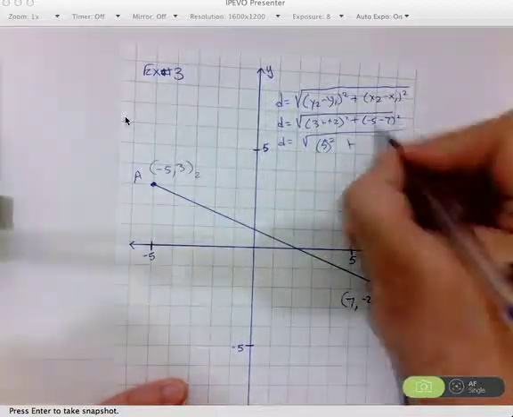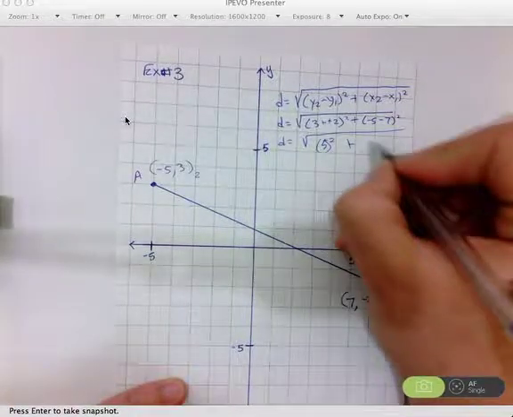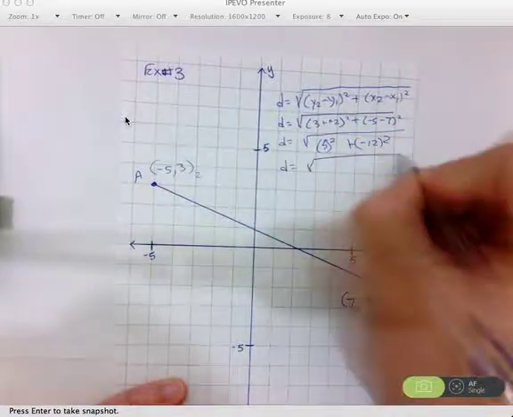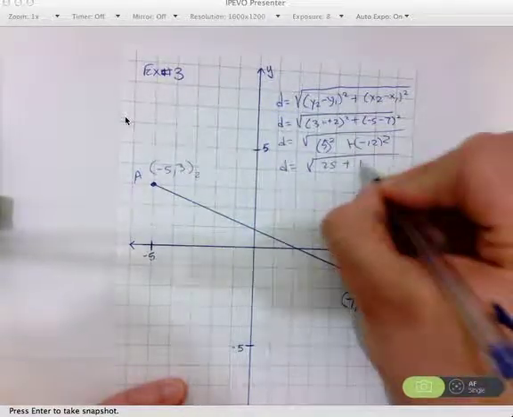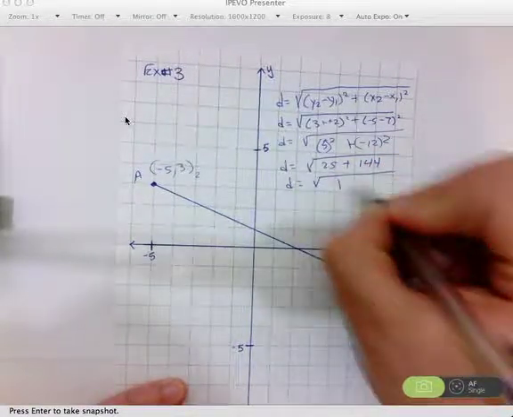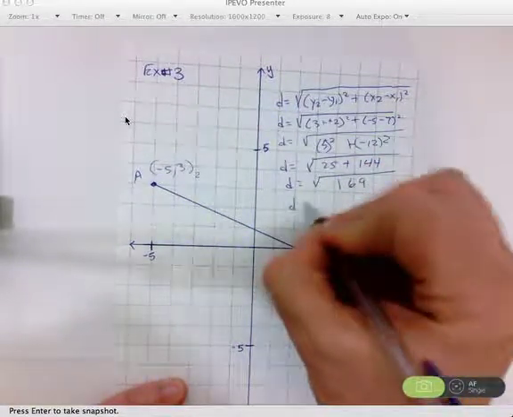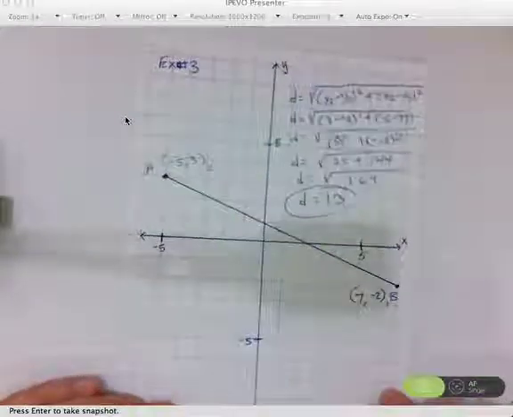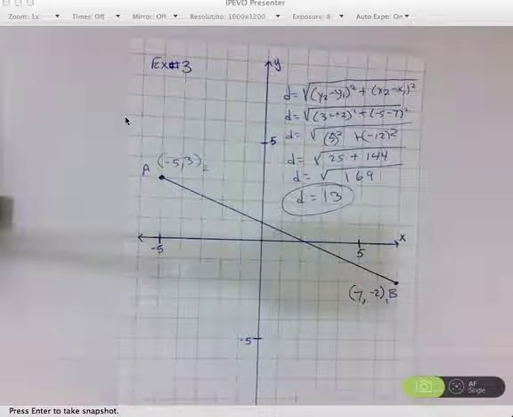Negative 5 minus 7, that's negative 12 squared. So 25 plus 144 gives us 169, which is 13. So there you go with the distance formula. I hope that helps you get started on that.